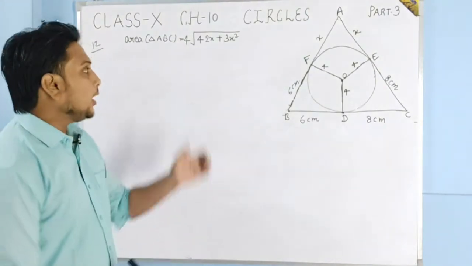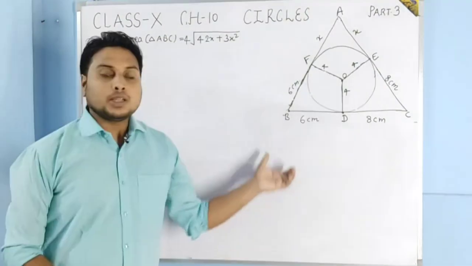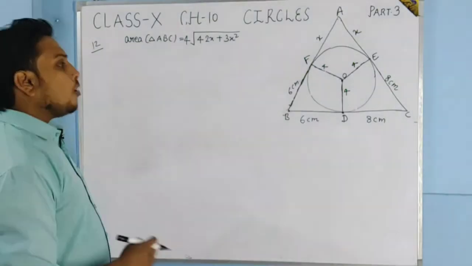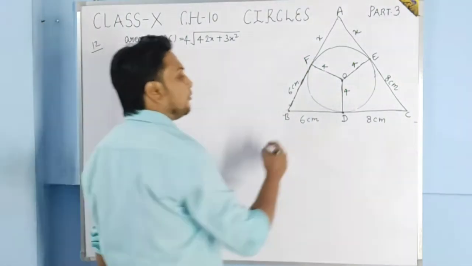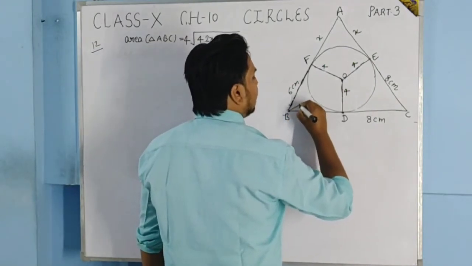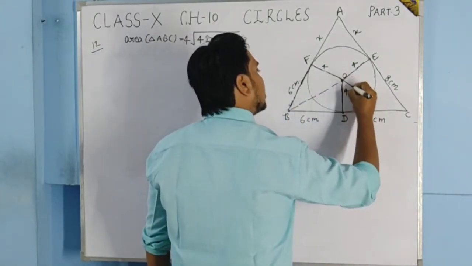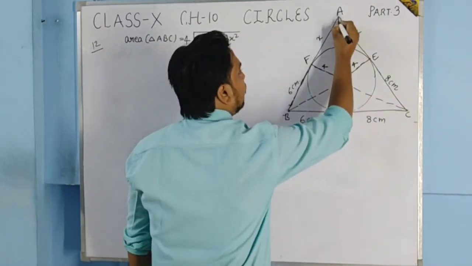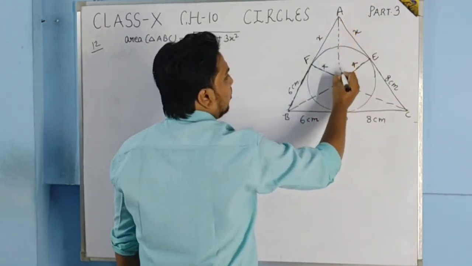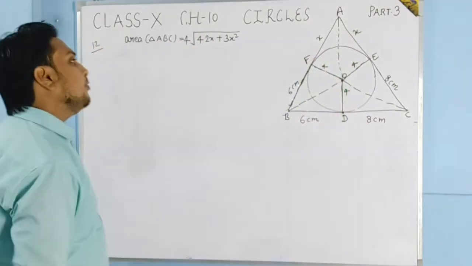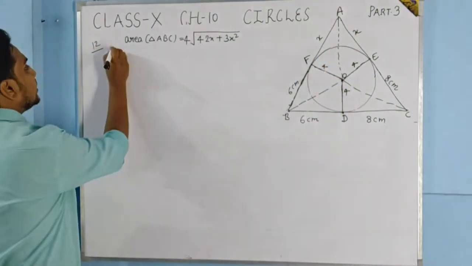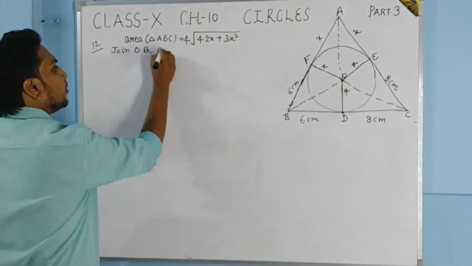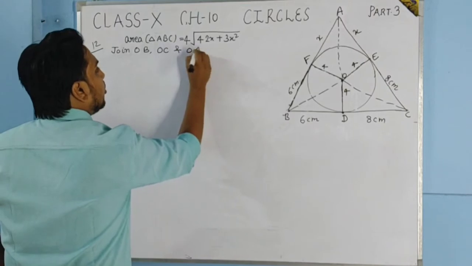So students, till here we have found the area of triangle ABC from Heron's formula. Now I am going to find the area of triangle ABC in another way. Firstly I will join OB, OC and OA. Here I will write that join OB, OC and OA.